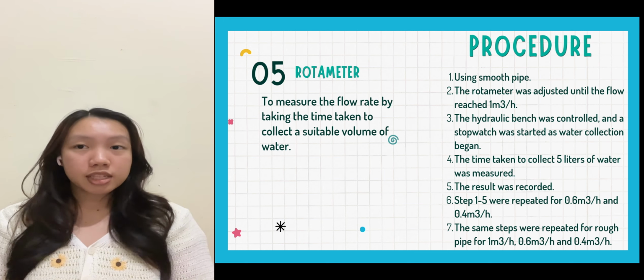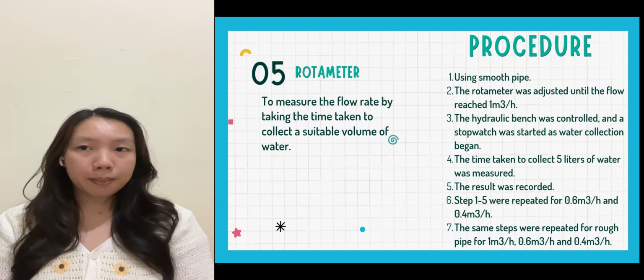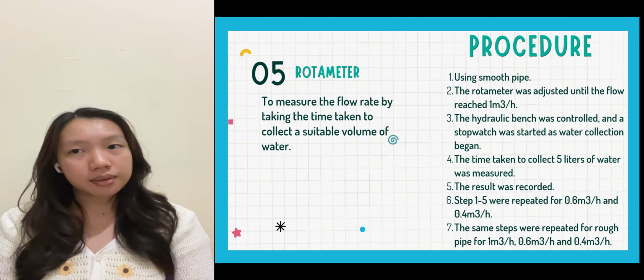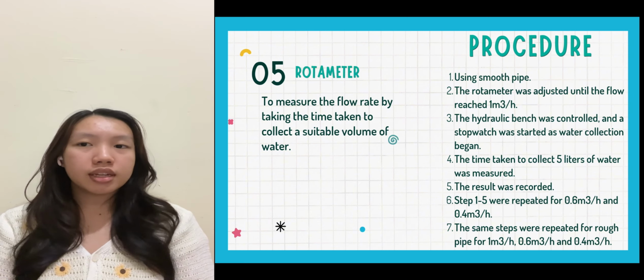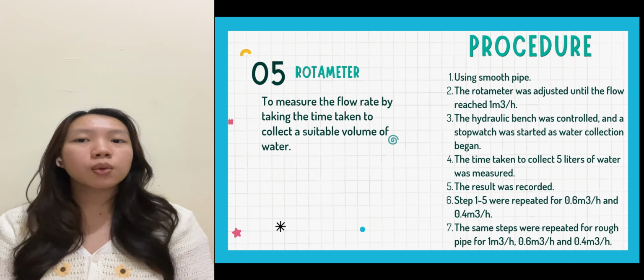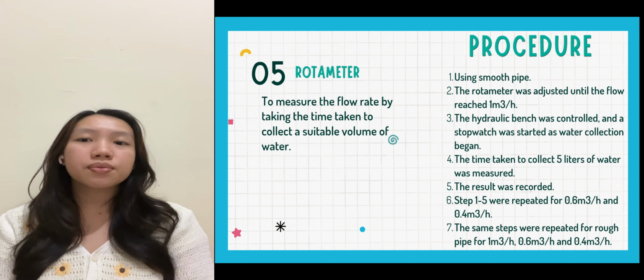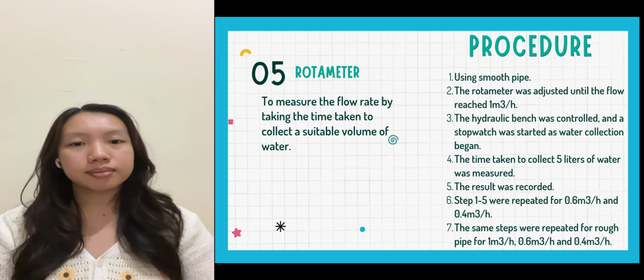Now, let me explain the procedure. First, we use a smooth pipe. The rotameter was adjusted until the flow rate was steady. Next, the hydraulic bench was controlled and the stopwatch was started once water collection began. Then, we collected 5 liters of water and recorded the time taken.